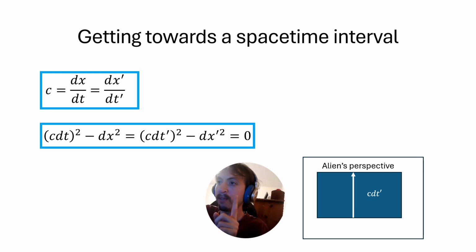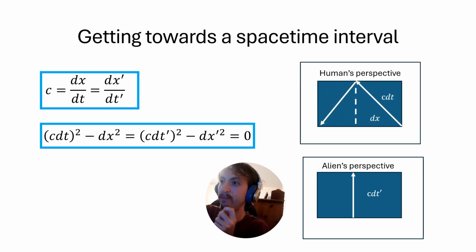From the human's perspective, however, the light beam is not moving vertically up and down, because the human, being stationary, sees the train along with the alien and the light beam moving with some horizontal velocity. The train is moving horizontally along.